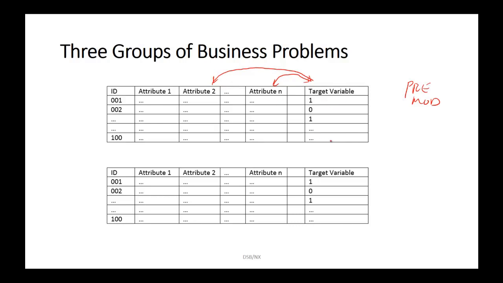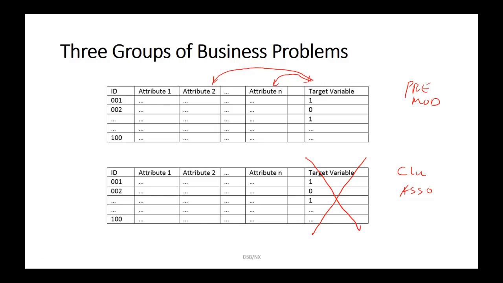It's supervised because we have this special column called target variable. In clustering analysis or association rule mining, we do not have this special column called target variable.